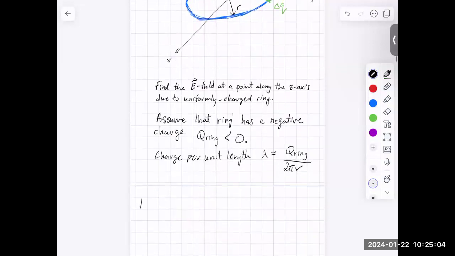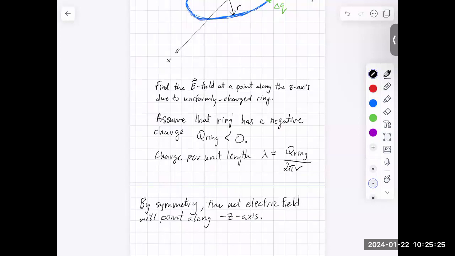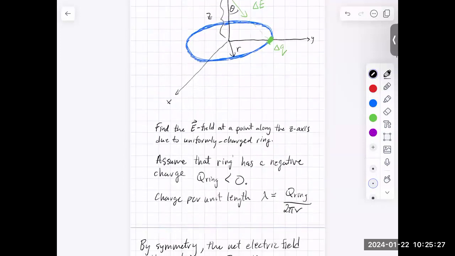So by symmetry, the net electric field will point along the negative z axis.